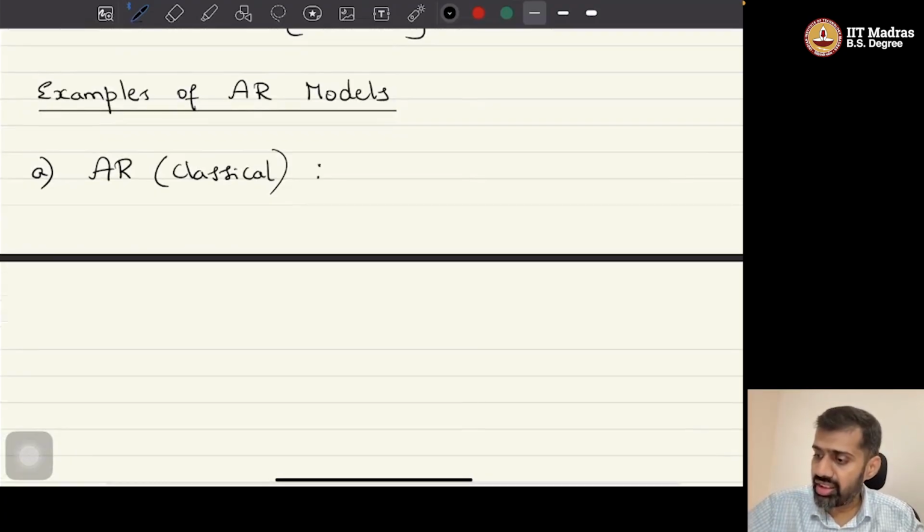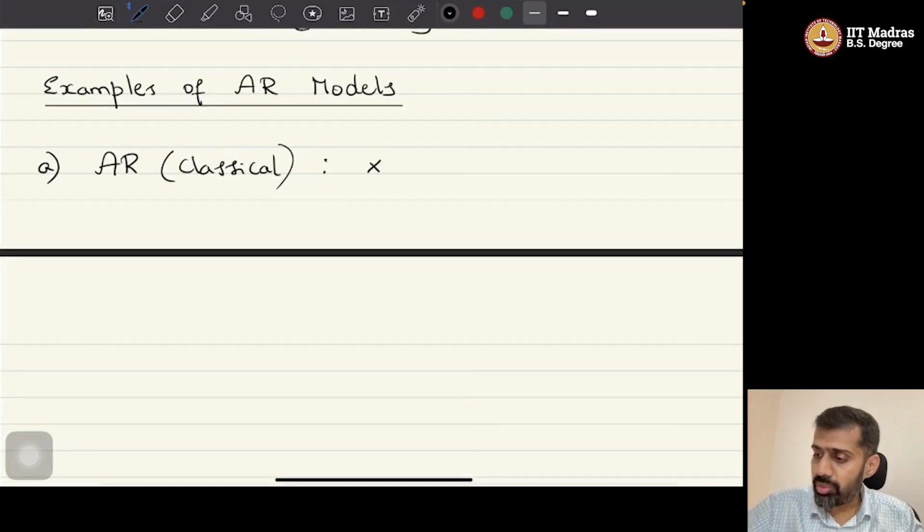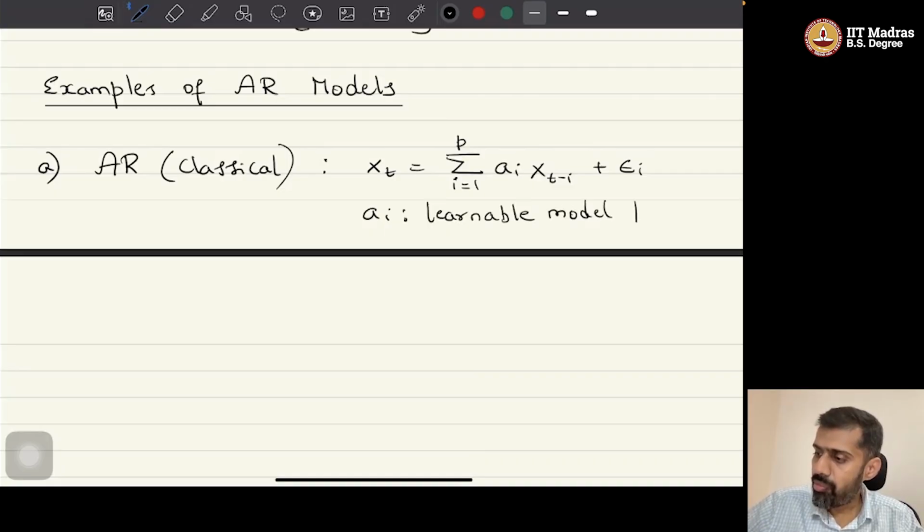So here in the classical AR models, a given data point xt is modeled as a linear combination of p previous data points, ai times xt minus i, plus some epsilon i. All these ai are learnable model parameters, and there are p of them.